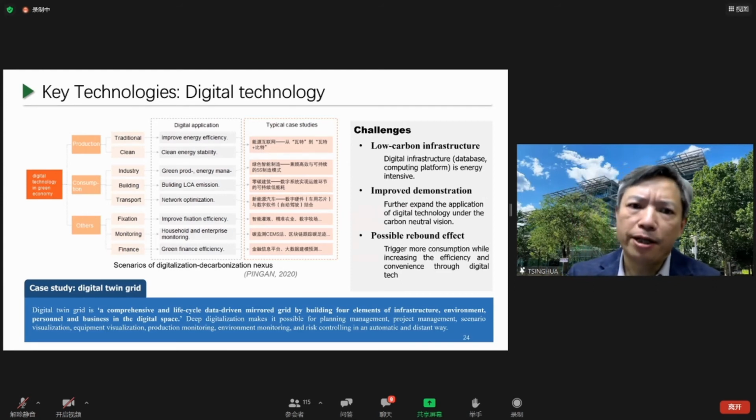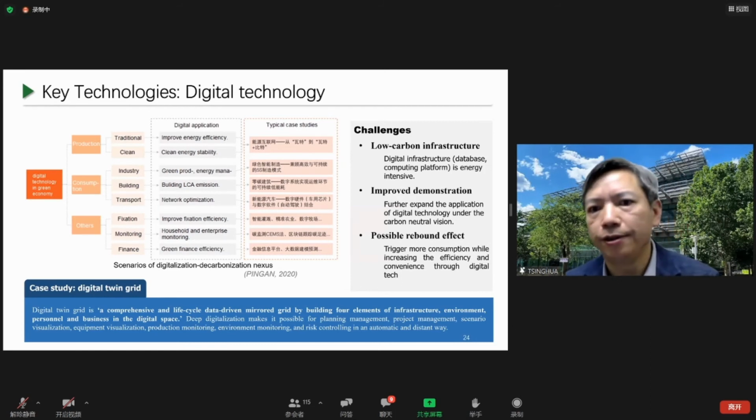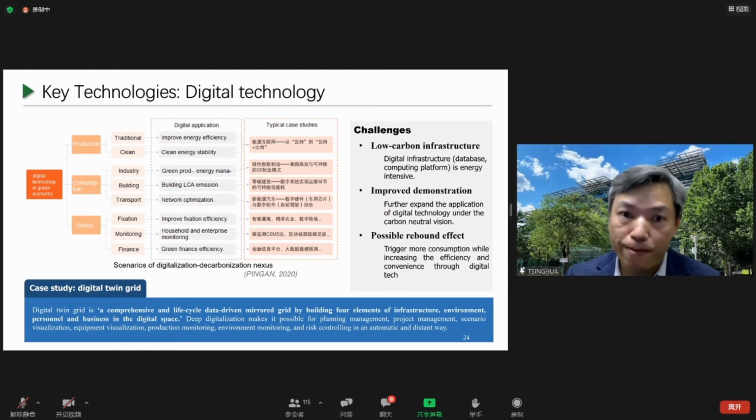Second, the application of digital technology is still in the pilot stage. It's necessary to further expand the application in low carbon transition more specifically and effectively. Third, there might be a rebound effect underlying the digitalization due to the increase of efficiency and convenience.